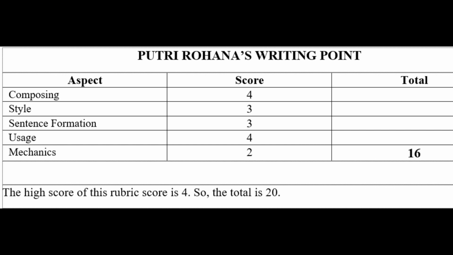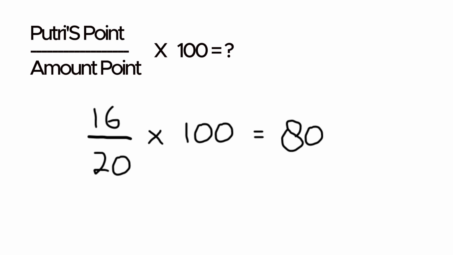The highest score for each aspect assessed was 4, so 4 times 5 equals 20. To get the final score, Putri Rohana's score is divided by the total points and multiplied by 100. So the result is 80.